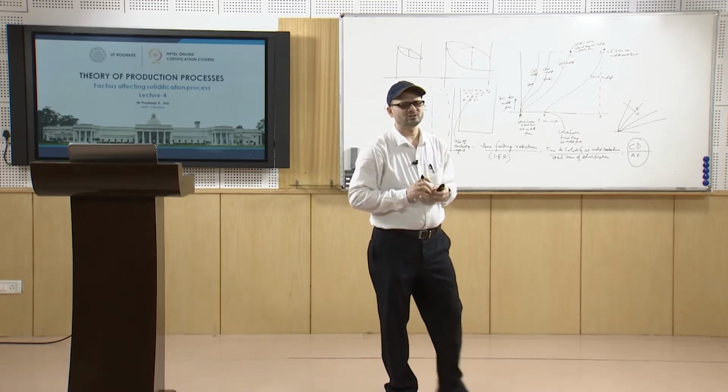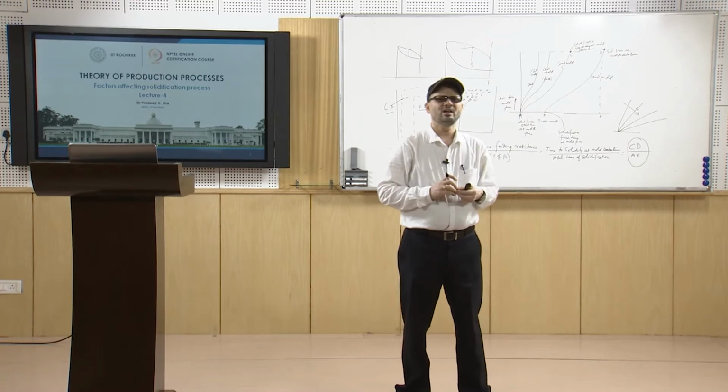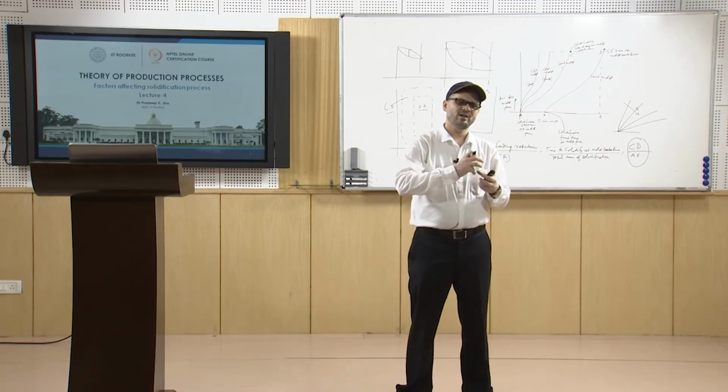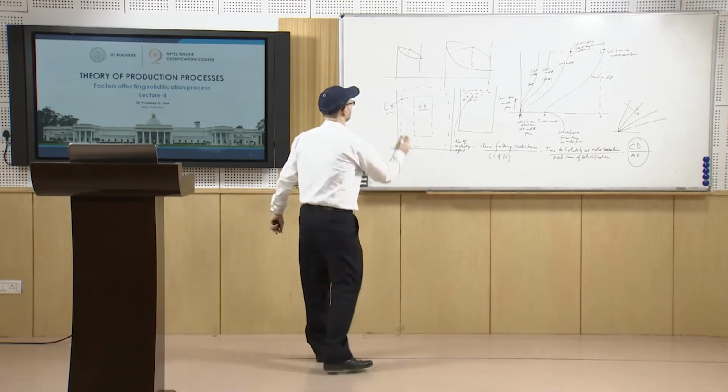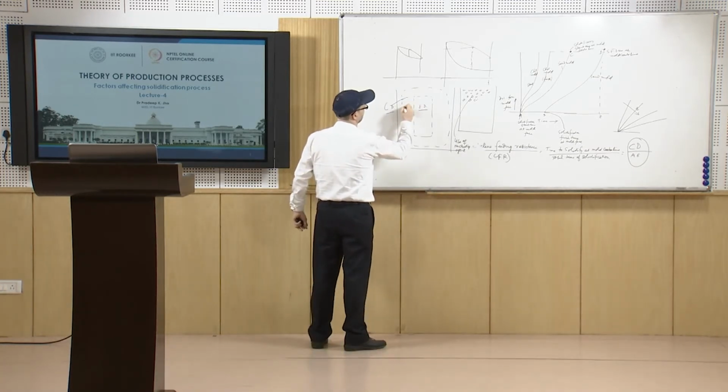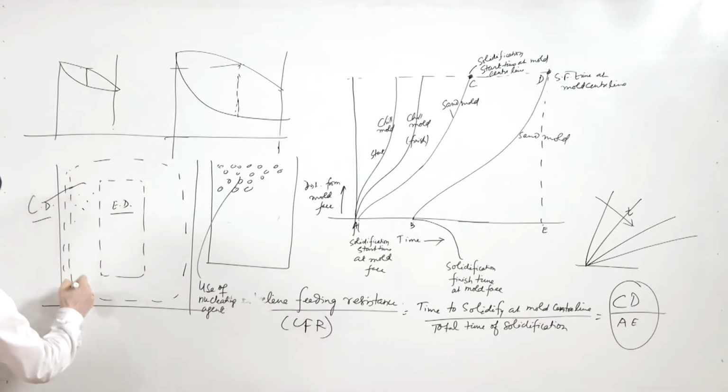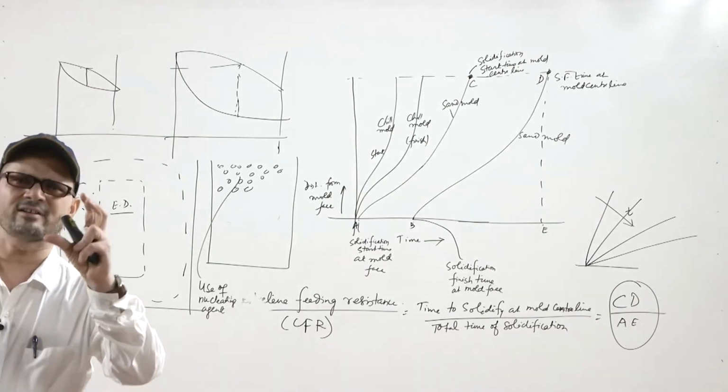It is so because if the superheat is more, more will be contributed towards the region near the wall, where you will have the columnar dendritic structure.